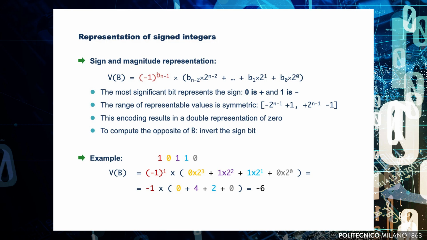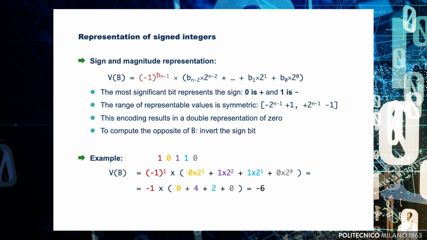In this representation, if a number is encoded using n bits, only n minus 1 of them are used to represent the magnitude, that is the absolute value, while the most significant bit is used exclusively to specify the sign. 0 indicates a positive number and 1 indicates a negative number.